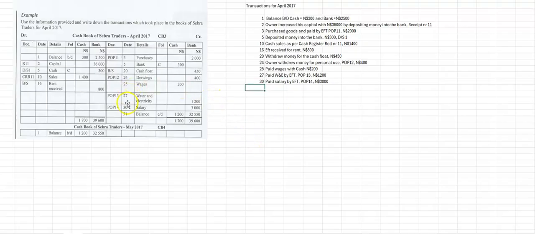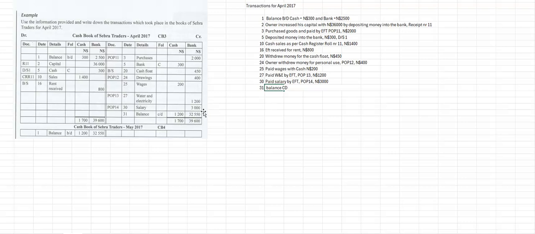Okay. Then we're going to finish up now. We still need to put the balance. So we close off our cash book and we have a balance carried down. We have a balance carried down on the 31st. So balance, remember that's what that CD stands for, is carried down.